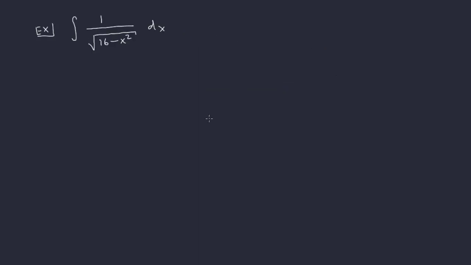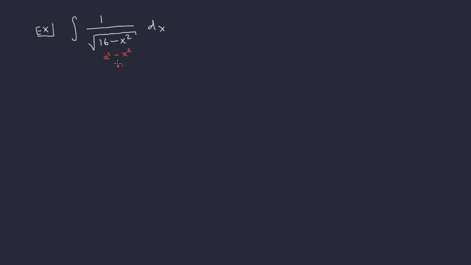All right, so let's start looking at the integral examples. We'll start with a pretty simple one. Usually how I do this is when I see something like this, I first think, oh, this looks like a pattern I know. This is an a squared minus x squared underneath a square root, so that's going to be a sine inverse.